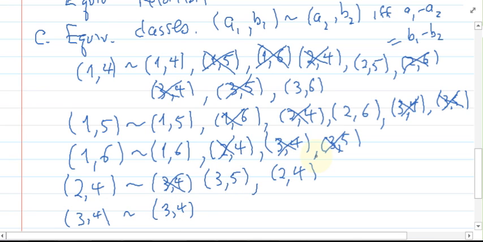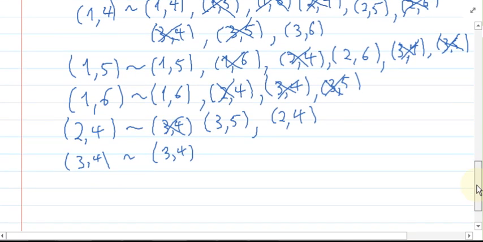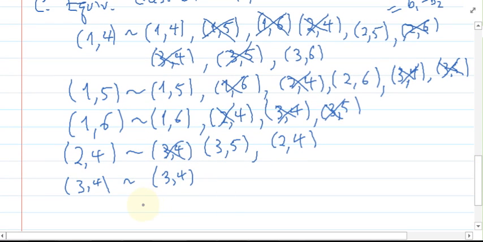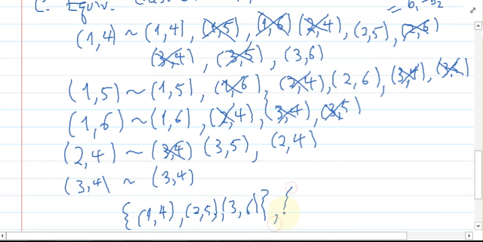So if I want to summarize what the equivalence classes are, there are 5 of them. The first one is (1, 4), (2, 5), (3, 6). The second one is (1, 5), (2, 6). The third one is (1, 6).